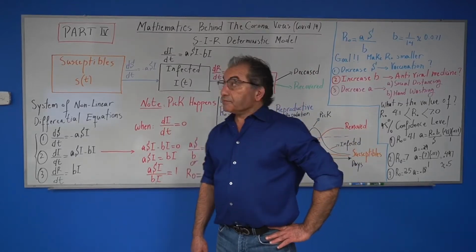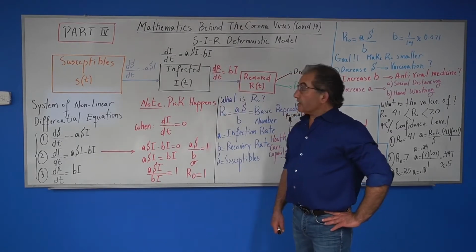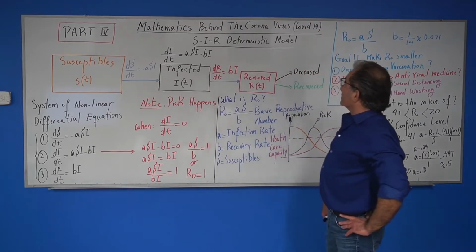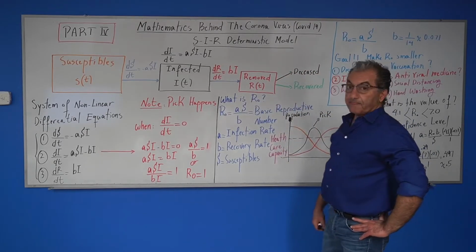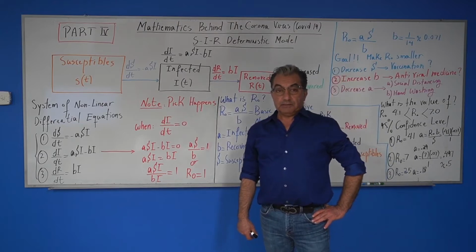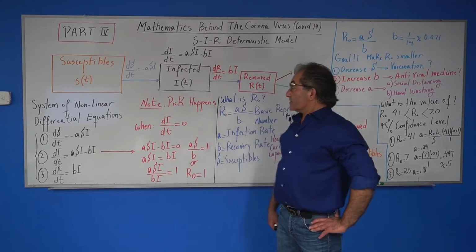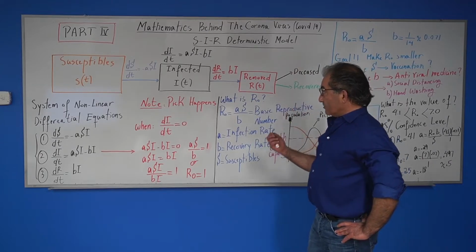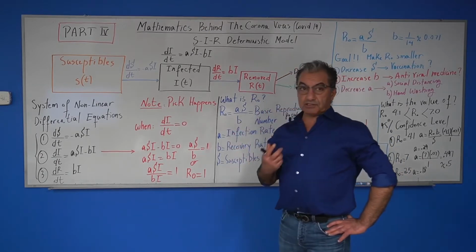Hi everyone, this is my fourth lecture about the mathematics behind the coronavirus COVID-19. In the last three lectures, I talked about the population, and let's take the population in the city.